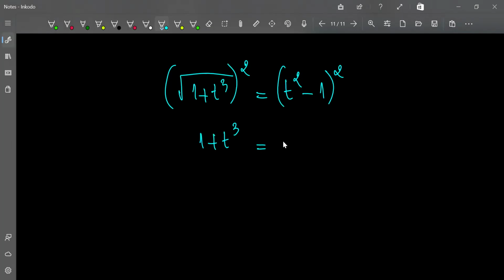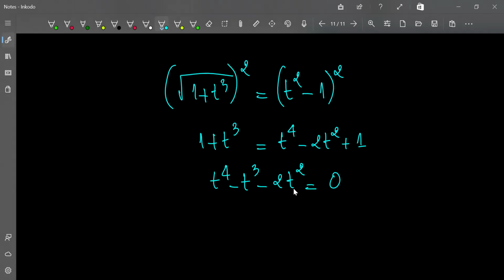Okay, so now we can write t to the power 4 minus 2t squared plus 1. So then we can write t to the power 4 minus t cubed minus 2t squared equal to 0.